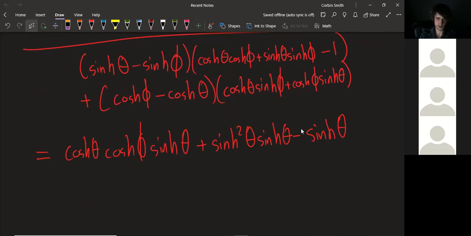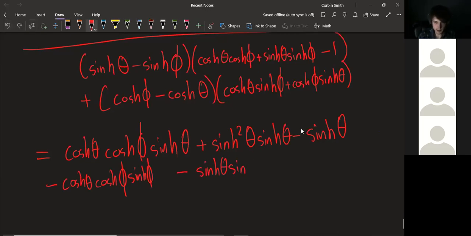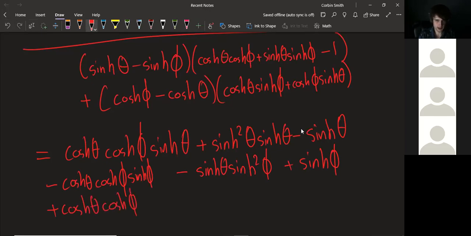I just want to make sure that nothing stupid has happened yet. So then we have minus cosh theta cosh phi sinh phi minus sinh theta sinh squared phi. Oh, okay, yeah, nothing stupid has happened. All right, sinh squared phi, and then plus sinh phi, and then we have plus cosh theta cosh phi sinh phi plus cosh squared phi sinh theta.